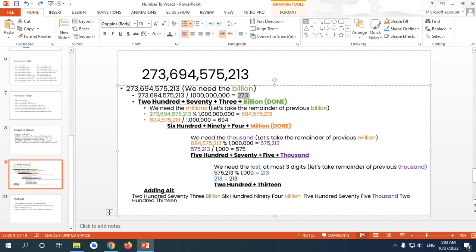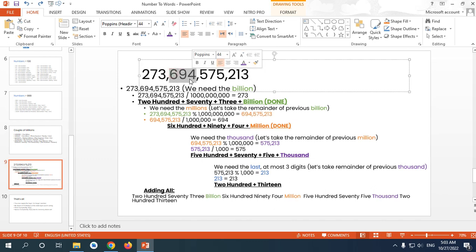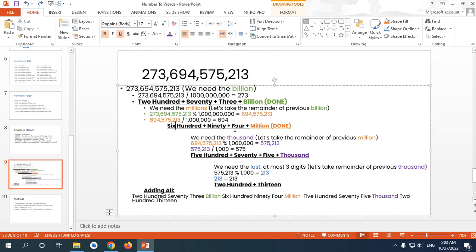We're gonna take the full number and modulate by 1 billion, which results in the remaining after 273. Now once we got the remaining, we're gonna divide it by million just to get this 694, 3 digits, so we can calculate how many numbers in million, which we have calculated as 694.